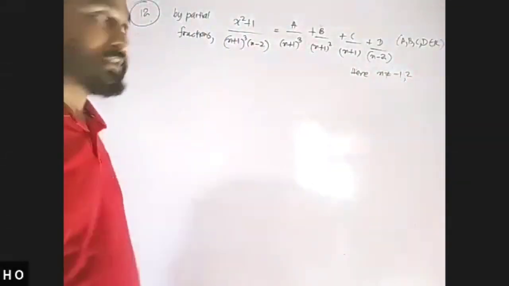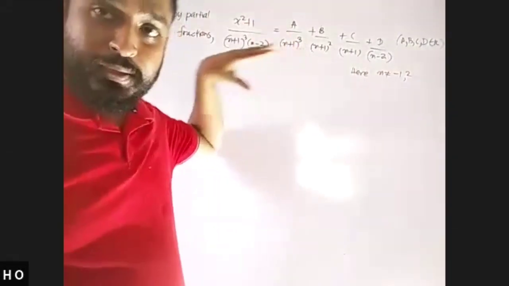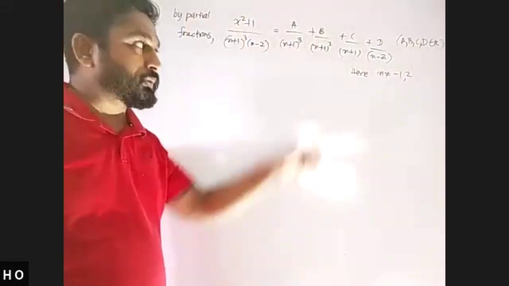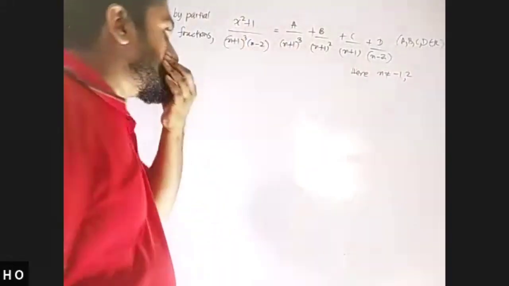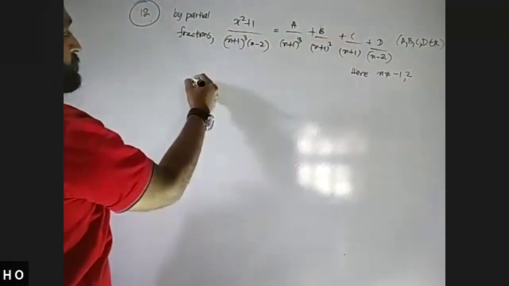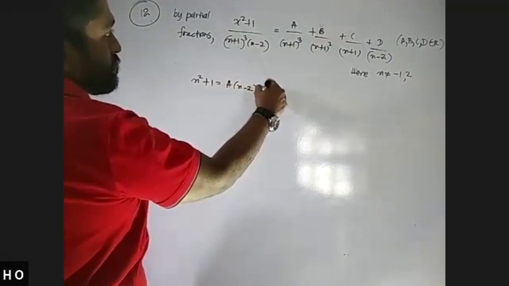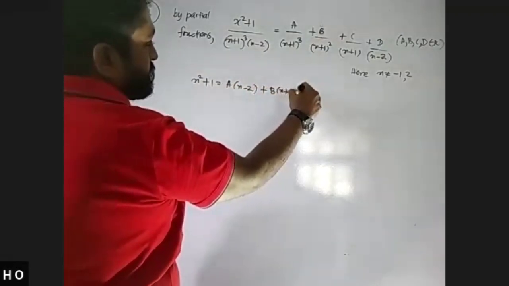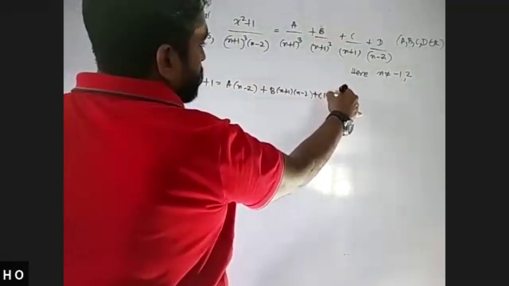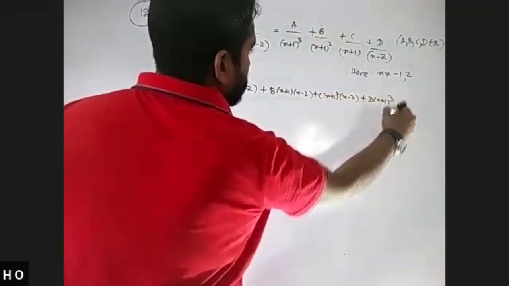For a rational function, you have to give the domain. Multiplying everything by (x plus 1) cubed (x minus 2): x squared plus 1 equals A(x minus 2) plus B(x plus 1)(x minus 2) plus C(x plus 1) squared (x minus 2) plus D(x plus 1) cubed.